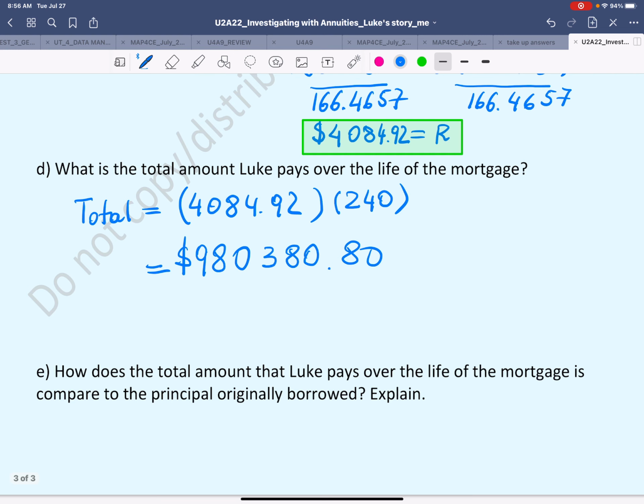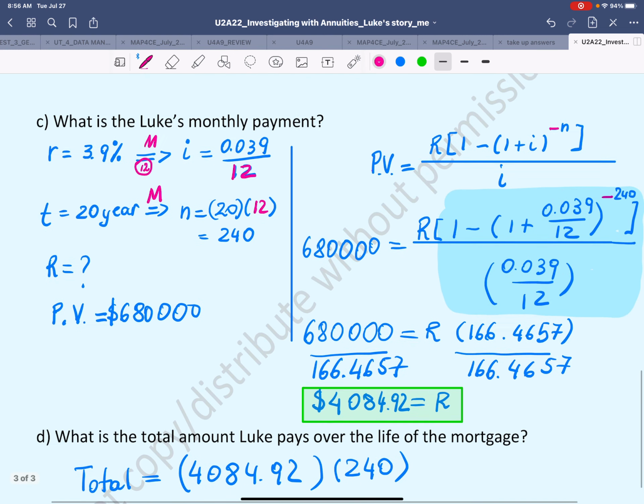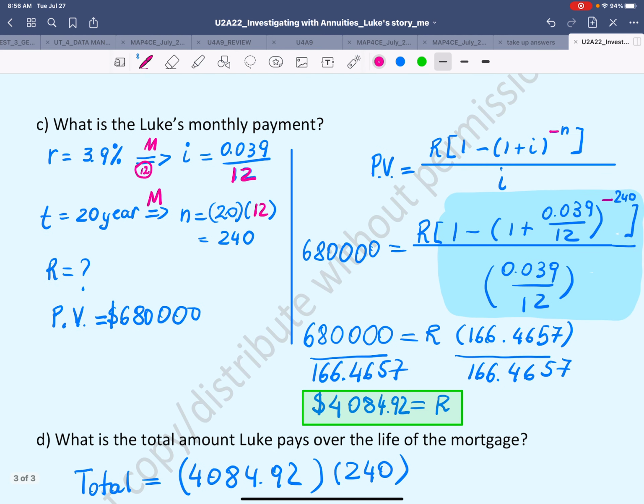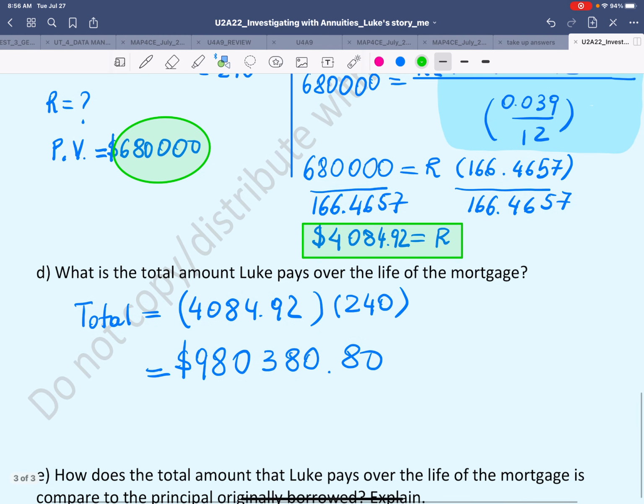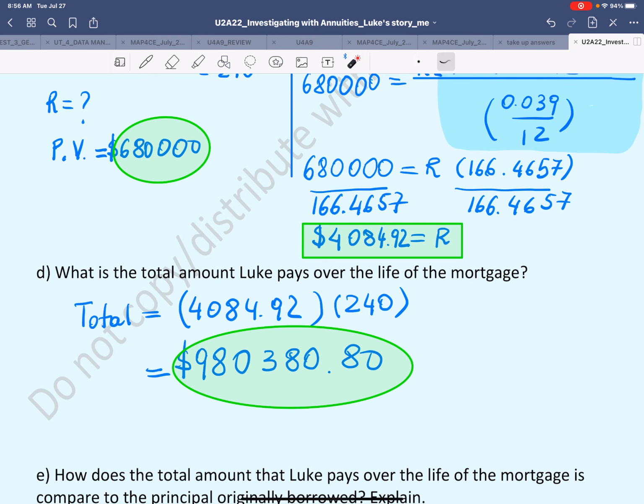Now, when you think about it, this is the amount of money that he borrowed, right? That was his loan right here. And this is what he ends up paying at the end. So do you think that Luke is paying the exact same amount as he borrowed? You would say, yeah, sure, and some more. Now, why is he paying more money?